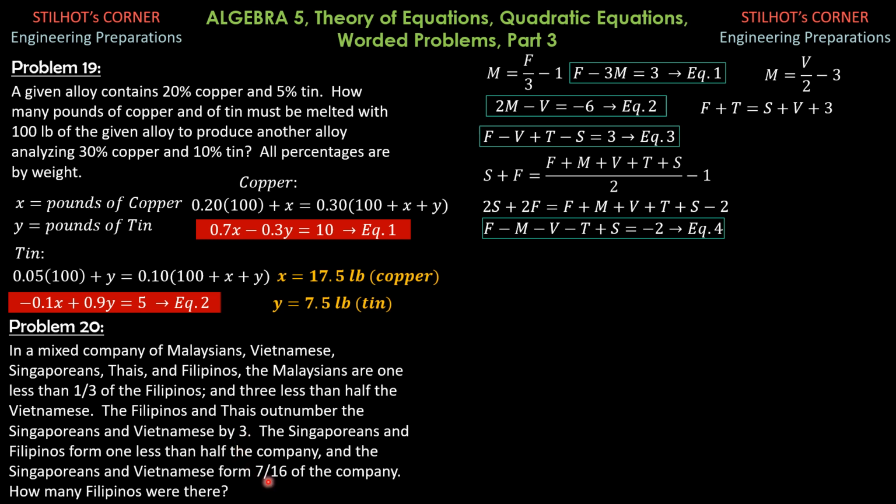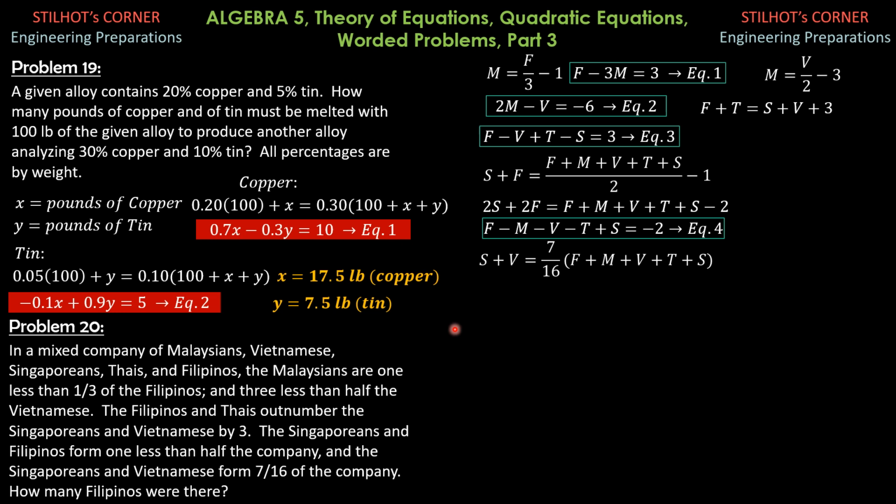Then lastly, let's translate this statement. Singaporeans and Vietnamese, S plus V, form 7 over 16 of the company. So S plus V is 7 over 16 of the quantity Filipinos, Malaysians, Vietnamese, Thais, Singaporeans.